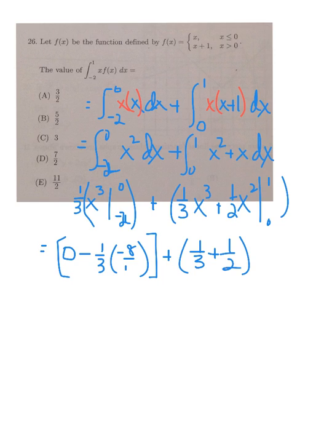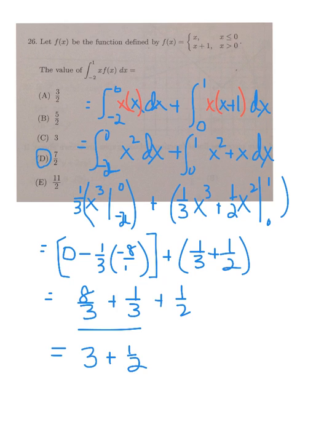Then on the left-hand side here, I have positive 8/3, and on the right-hand side, I have plus 1/3 and plus 1/2. So here that's 9/3, which is 3, plus 1/2, which is 3.5, which is choice D, right? There we go.